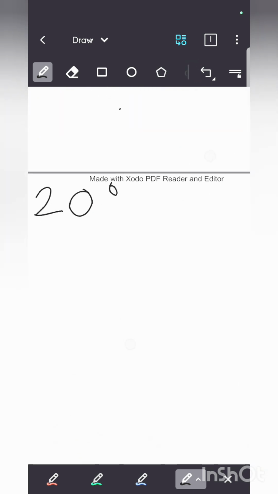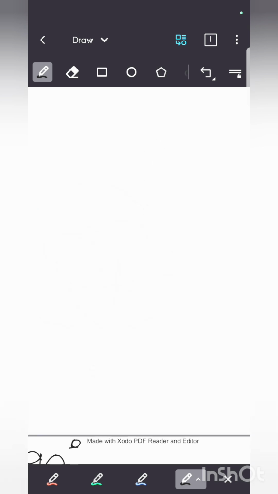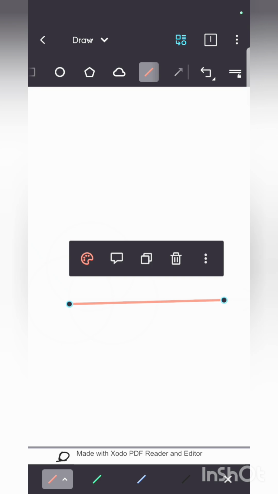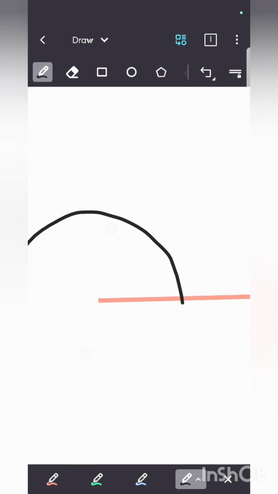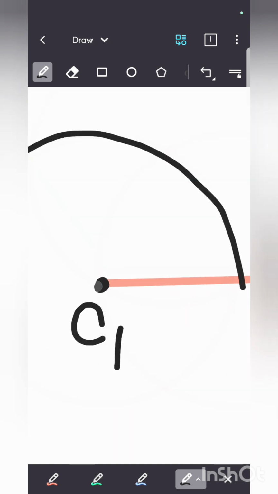Now we come to 120 degrees. Similar to the 60 degree, we take a straight line. Then we take a distance and you don't change the size of the compass you took the first time. And now we cut an arc. The first position is this, as we saw in 60 degrees.